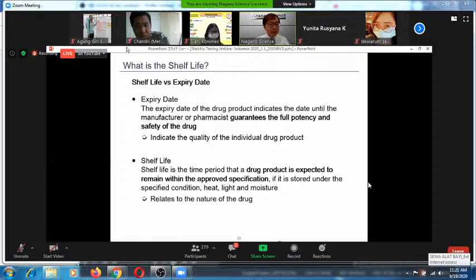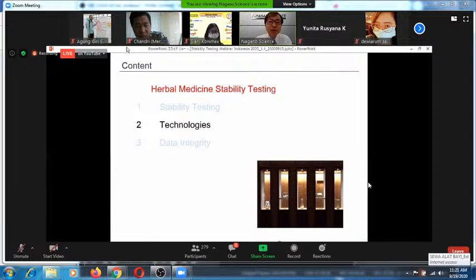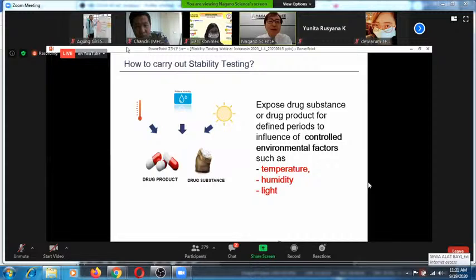And the next item is the technologies. So how to carry out stability testing? You have to expose the drug substance to conditions such as temperature, humidity, and light for their registration.